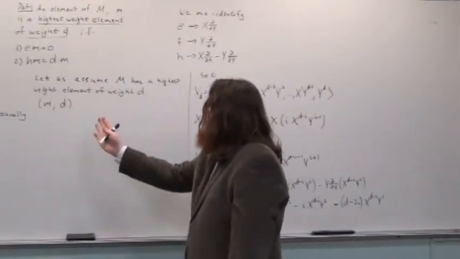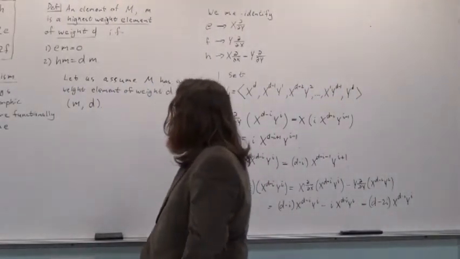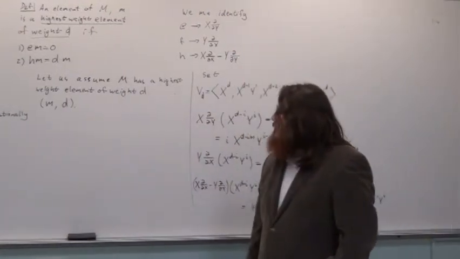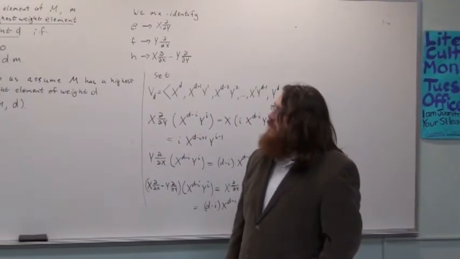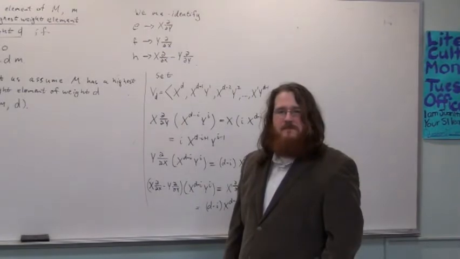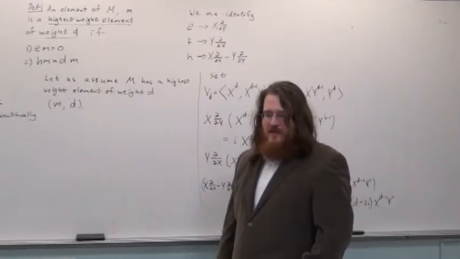So this is something where E sends it to 0 and H acts by multiplication by D. What does F do to it? The natural question to ask.